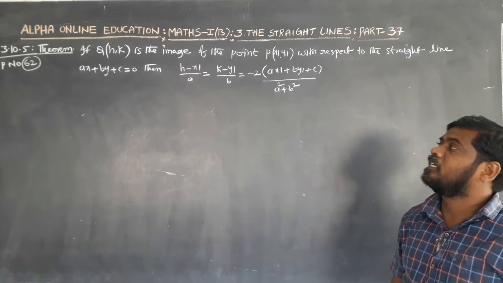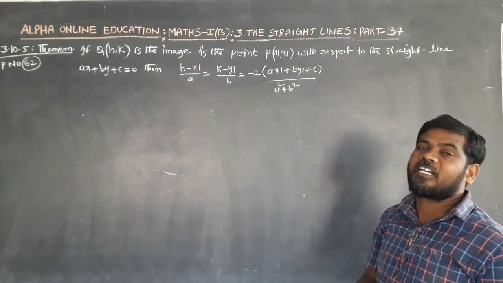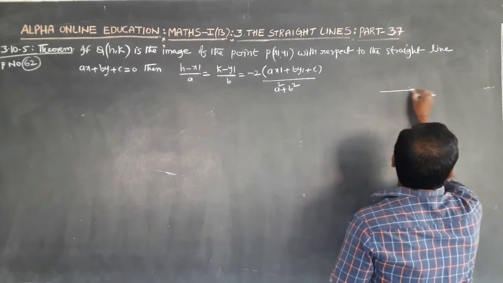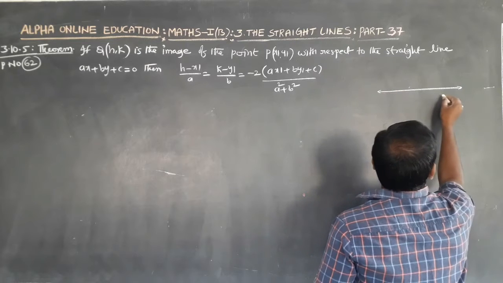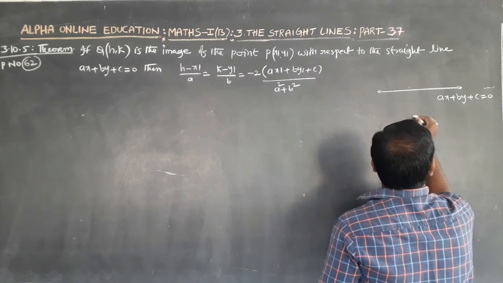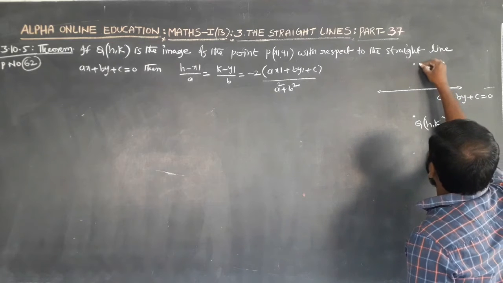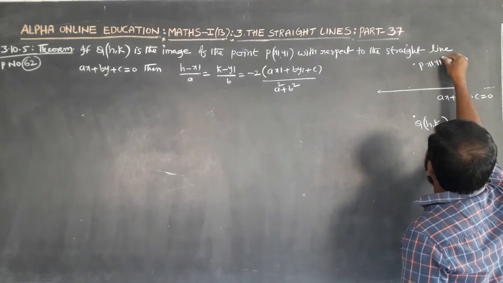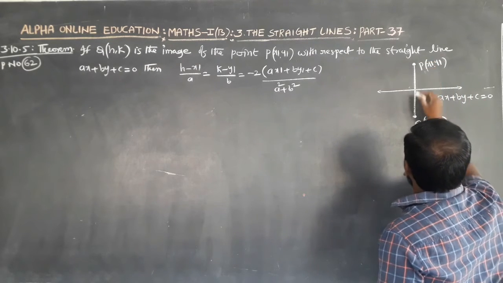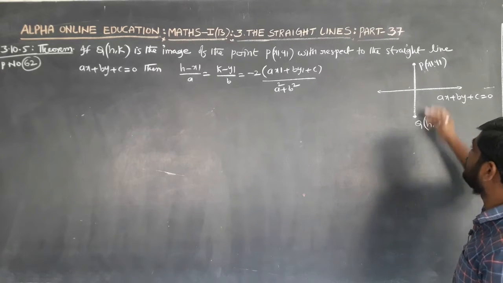If Q(h, k) is the image of P(x1, y1) with respect to the straight line ax + by + c = 0, this is the equation of the straight line ax + by + c = 0.